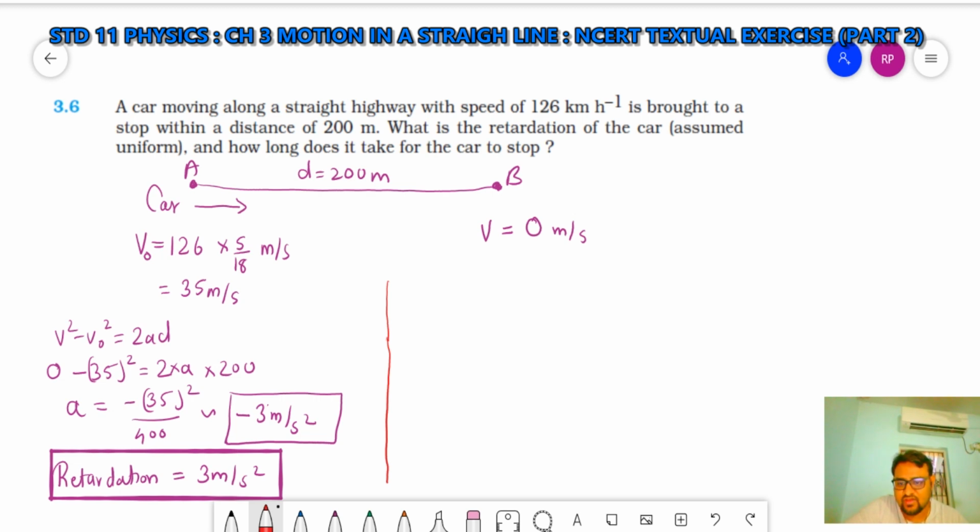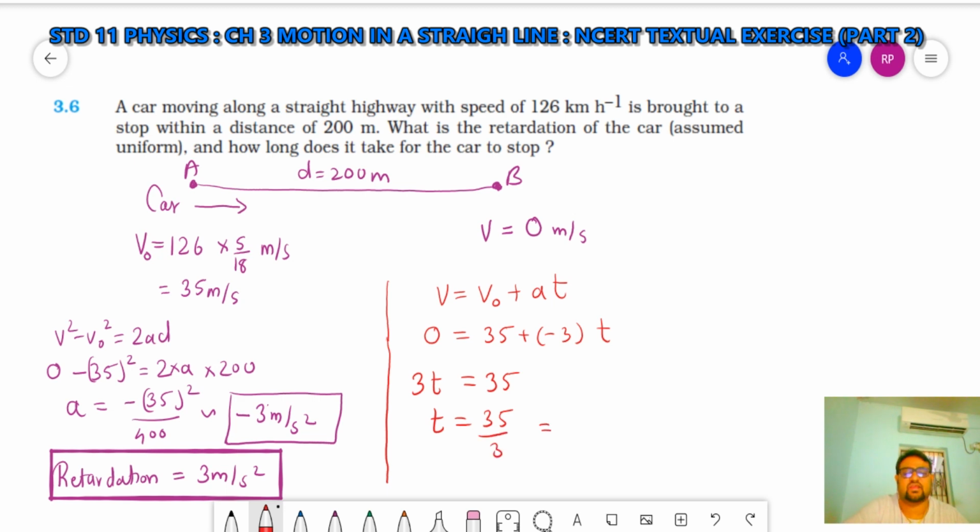Yes. Acceleration? Yes. So we will use v equal to v0 plus at. Final velocity 0, initial velocity 35 plus acceleration, minus 3t. So minus 3t when it goes to this side becomes plus 3t equal to 35. t is equal to 35 by 3.